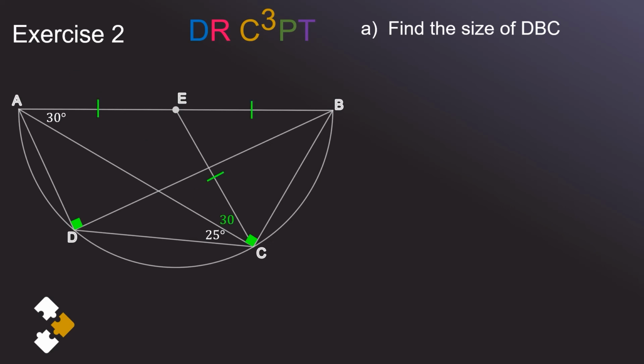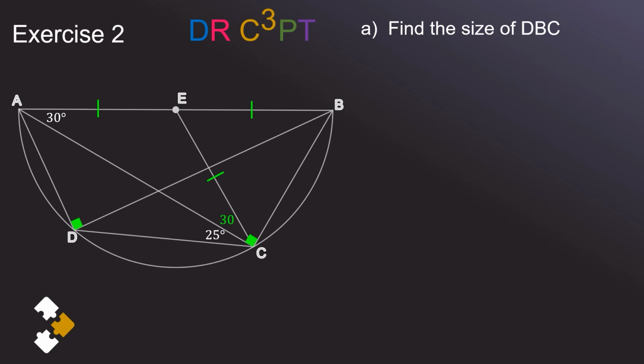Then I'm going to move on to the R, and whenever I have radii, I am going to mark them as being equal. Now, because I've got those three equal radii, I actually see that triangle AEC is an isosceles triangle. So this is where I'm using my VIP tips. The I is for isosceles triangle. So I know then that that angle opposite the other equal side is going to be 30 degrees.